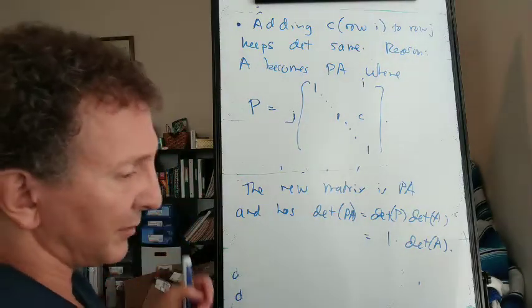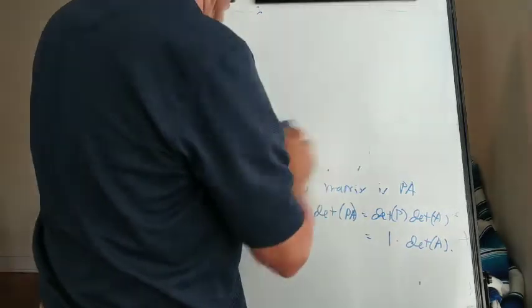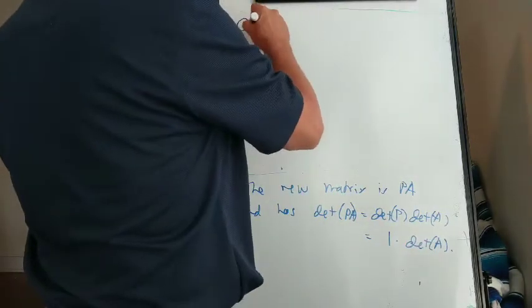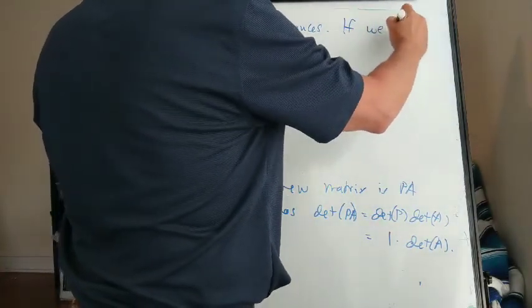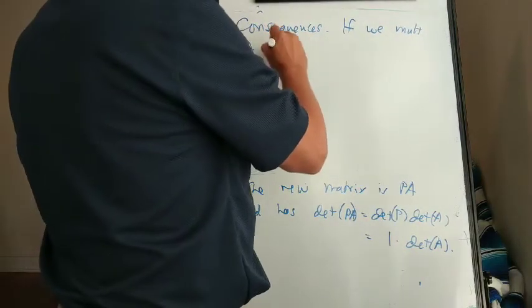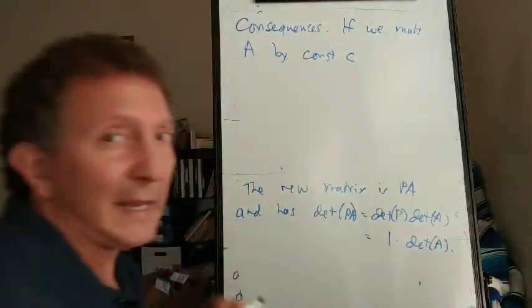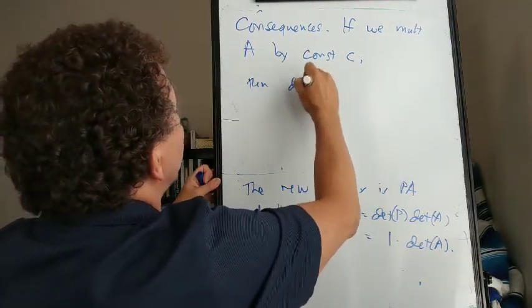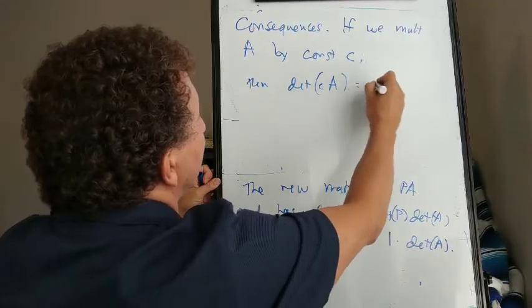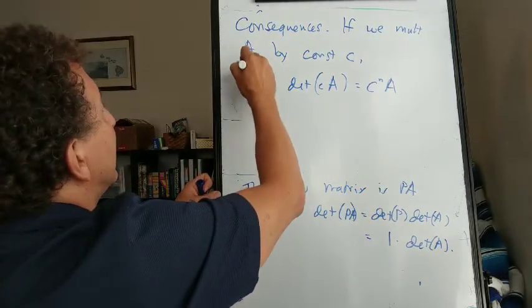All right, now some consequences of these row operation determinant properties are that if we multiply A by a constant C, so that's every single entry in the matrix, not just a single row, then the determinant of that result is C to the n times determinant of A, assuming A is n by n.